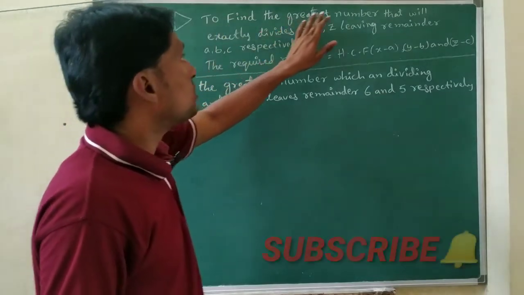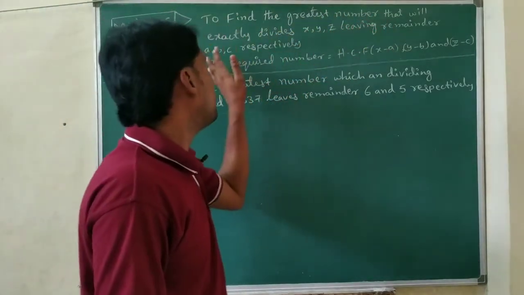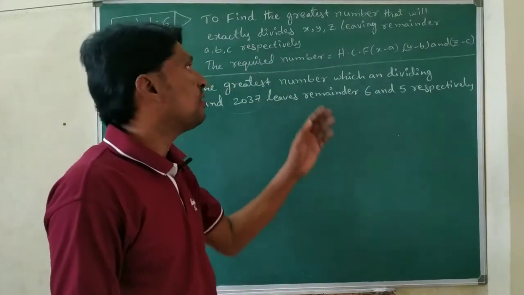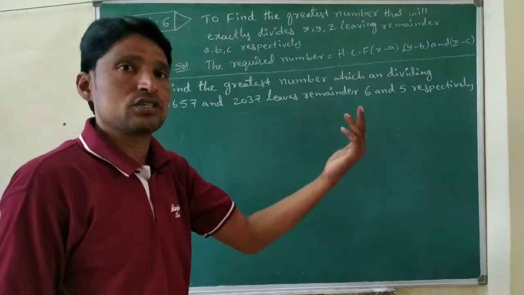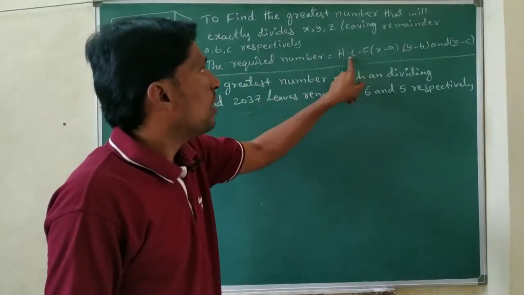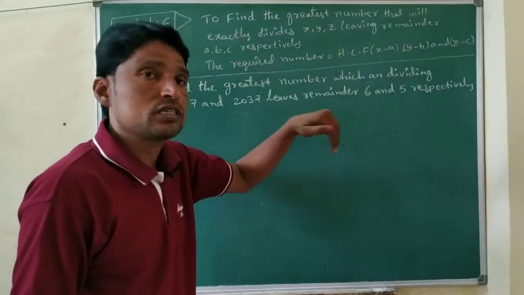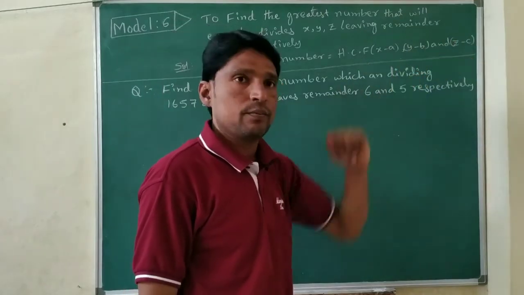To find the greatest number that will exactly divide x, y, z leaving remainders a, b, c respectively, we are getting the remainder, so the HCF of the first number minus the first remainder: the HCF of x minus a, y minus b and z minus c.